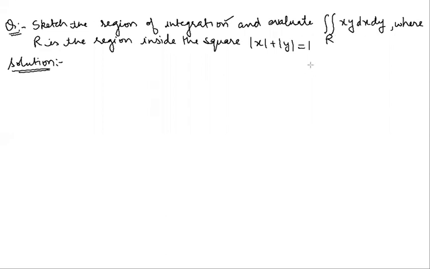So in the region of integration, this is the y axis, x axis. Right now, first of all, I will take the possible values. Because mod x can take values plus minus x, mod y can take values plus minus y. So we will have all the combinations.